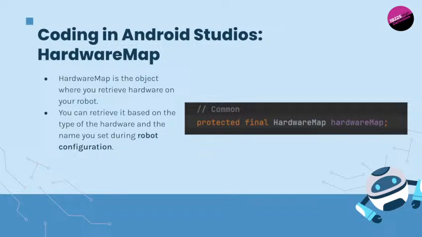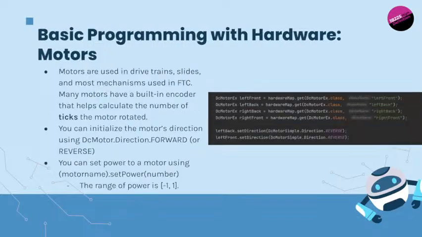If you want to use motors in your code, one way you can do that is using the hardware map. The function is hardwareMap.get.